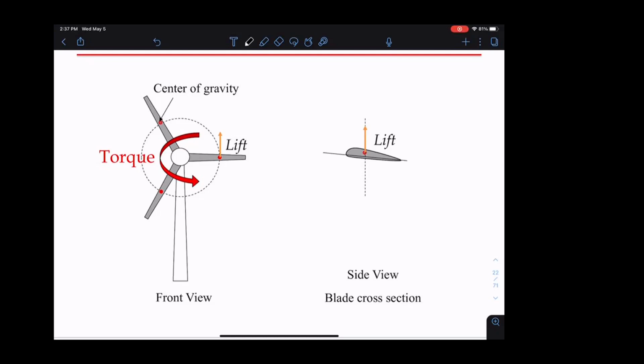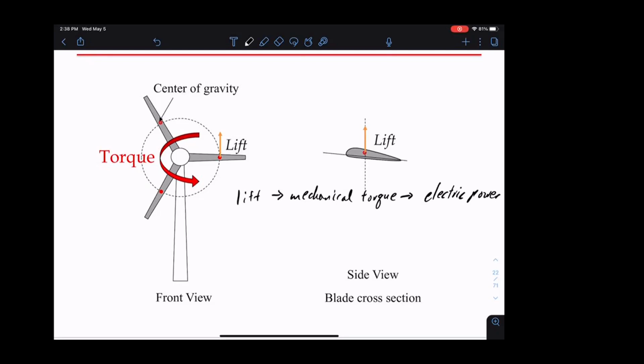This mechanical torque turns into electric power. That's the way we generate power from the wind turbine. So lift gives mechanical torque, which becomes electric power. The torque is used to turn a generator, which gives us power.